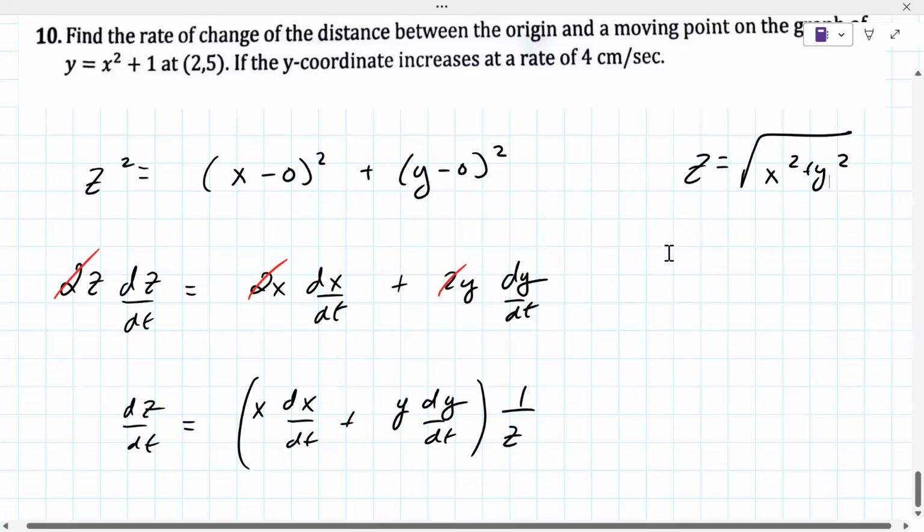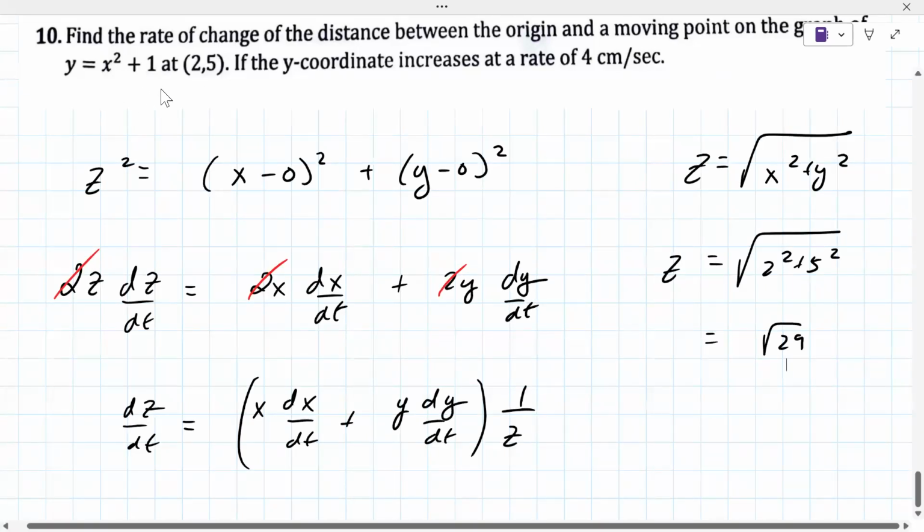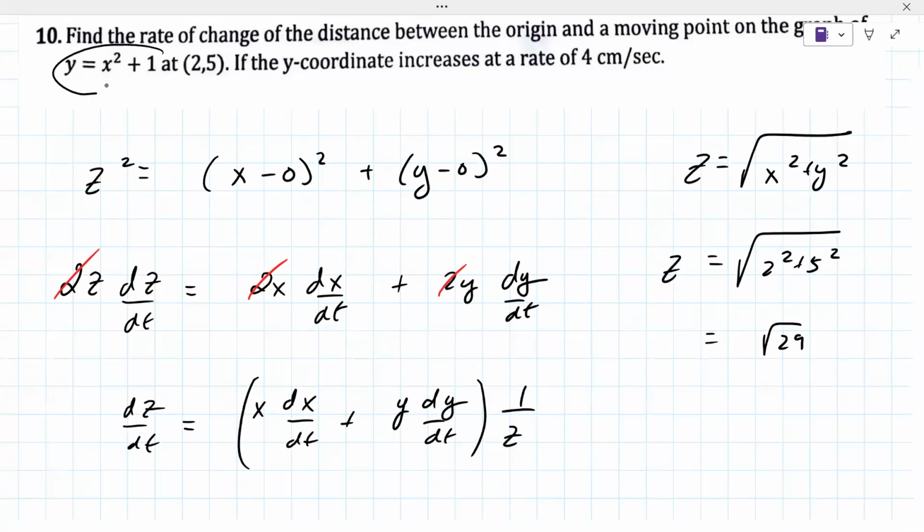So z ends up being the square root of 2 squared plus 5 squared, which is the square root of 29. I guess we can try and get x from this over here. So I think that's probably how they want you to do it.